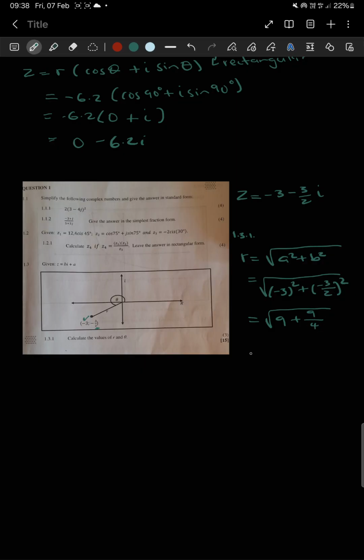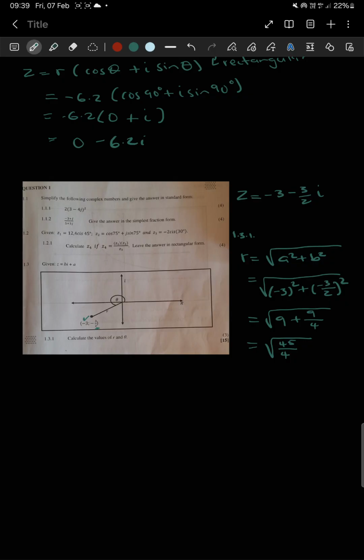2 squared is 4. If we compute that, we have 45 over 4. So it's the square root of 45 over 4. Let's find the square root.